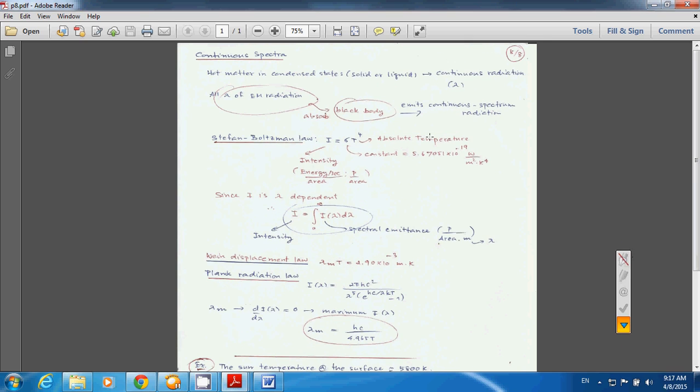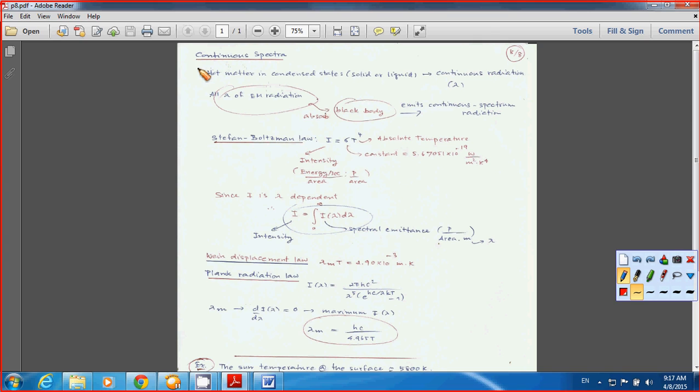The next one is continuous spectra, talking about a hot matter or a hot object, as you well know, the black body. How does this work? It's said that hot matter in a condensed state, in the solid state or liquid state, is going to give a continuous radiation out of the black body.